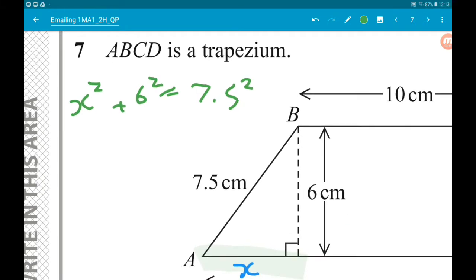So x squared add 36 is equal to 7.5 squared, which is 56.25.